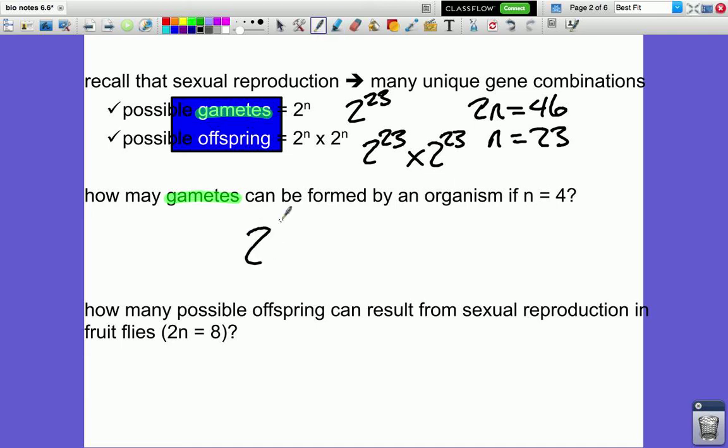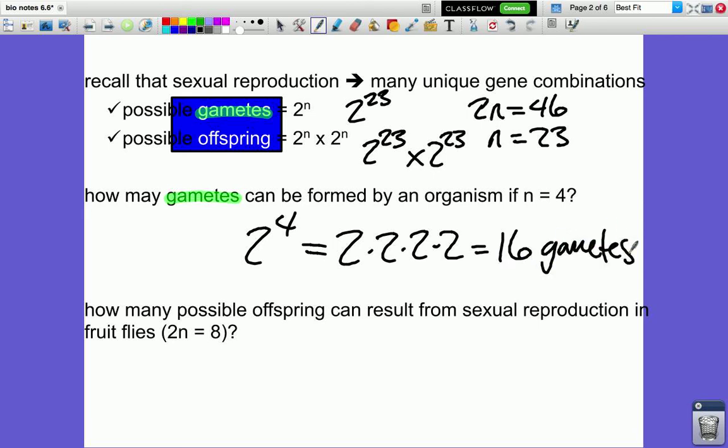Since n equals 4, 2 to the 4th power is going to give me my answer. Remember, 2 to the 4th power is 2 times 2 times 2 times 2, and that's going to give me 16 total possible gametes. So using your haploid number and using that equation, you can come up with whatever you need to get.